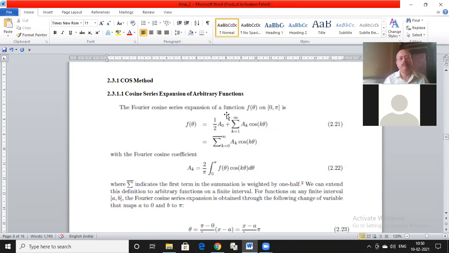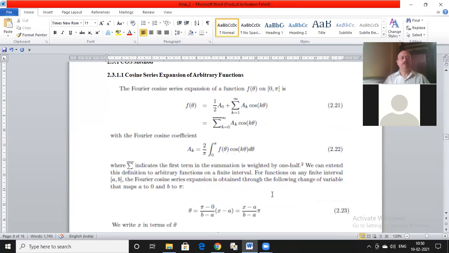So this term is not the same weightage as the other terms. That is what is indicated by this bar above the summation symbol. So that will be the convention for the book. The other terms have weightage 1.